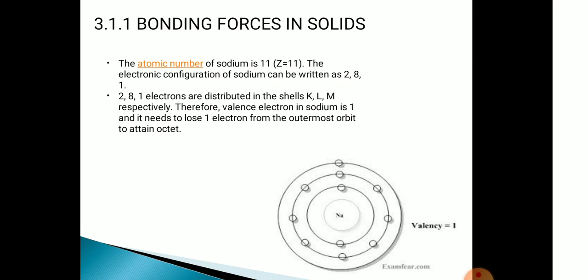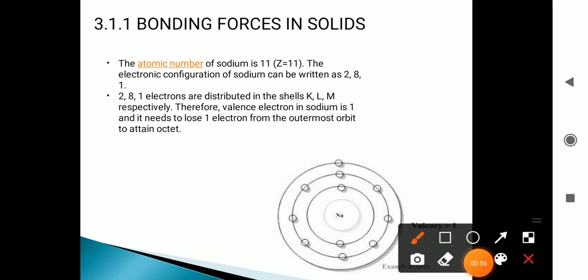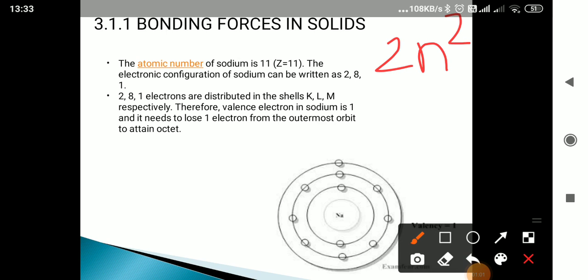The atomic number of sodium is 11, and the electronic configuration of sodium follows the formula 2n square. Based on this 2n square formula, the electrons occupy each orbit.